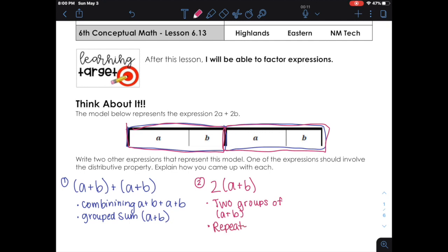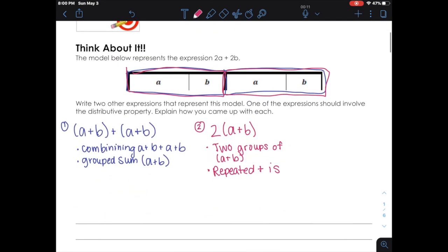We're also showing that we know that repeated addition is multiplication. So instead of adding it twice, we multiplied by 2. Finally, we can have a third option where we have 2a plus 2b. So here, I've applied the distributive property.